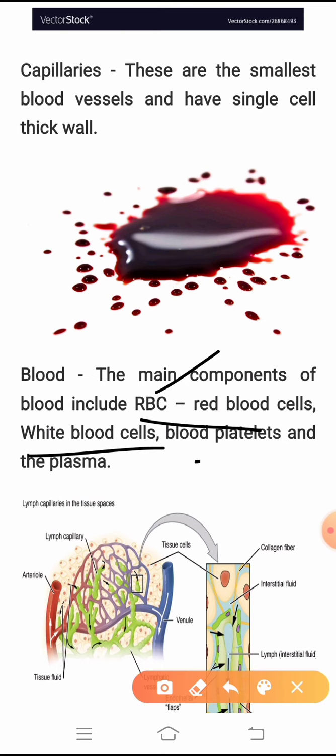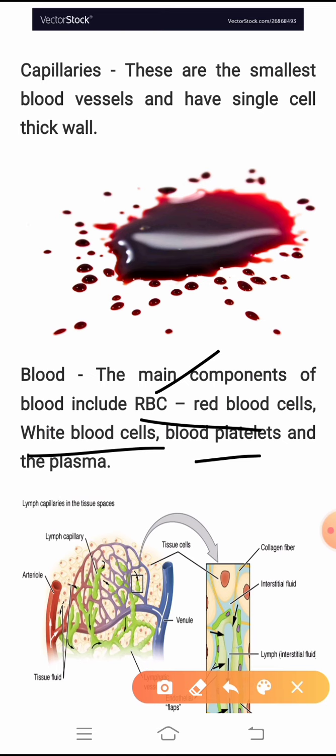Okay, so then coming to the platelets. These platelets actually help in stopping the bleeding. For example, if your body is damaged, what happens? Suddenly the blood flows out of that particular part, right? So the blood has to be stopped immediately after some time.